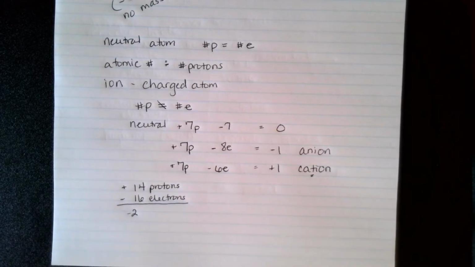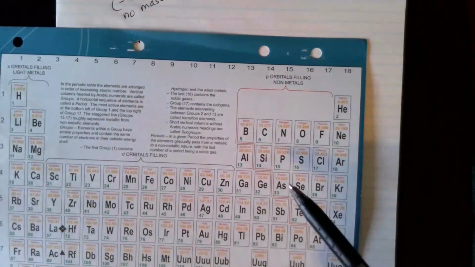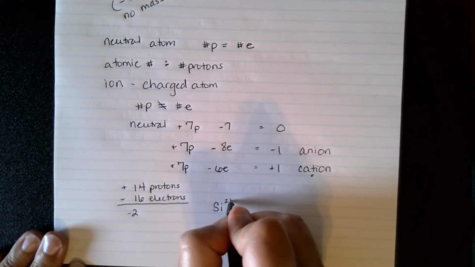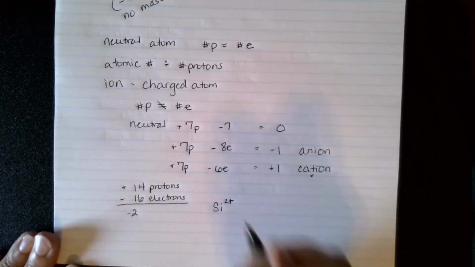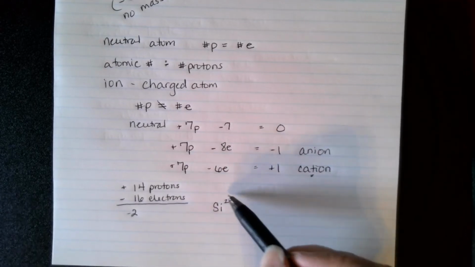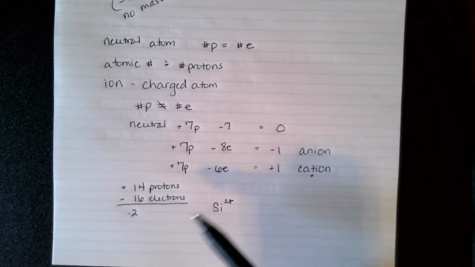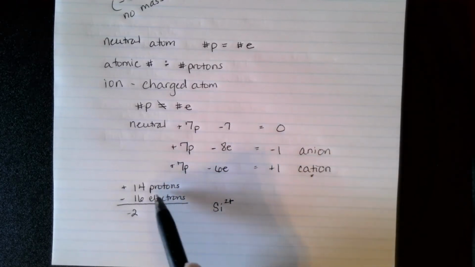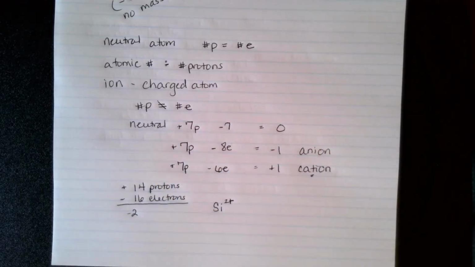And if it has 14 protons, I know what element it is. So I look up here, 14 is silicon. So I would write this as silicon with a -2 charge. I write that as a superscript. The charge is written up above here, and that's the charge of the protons and the electrons together. And the protons, the atomic number, tells you what element it is.